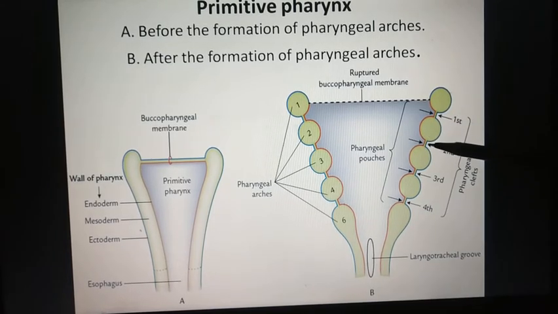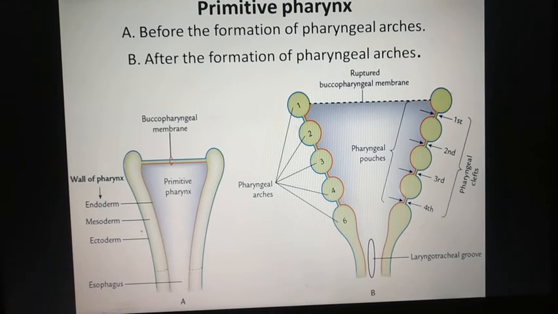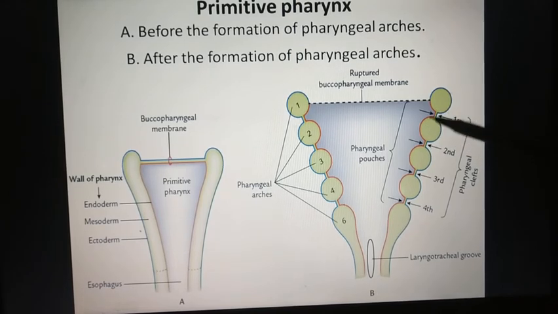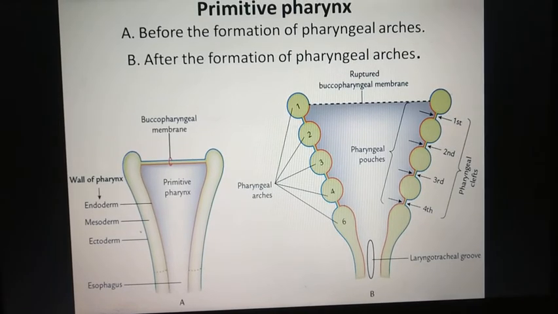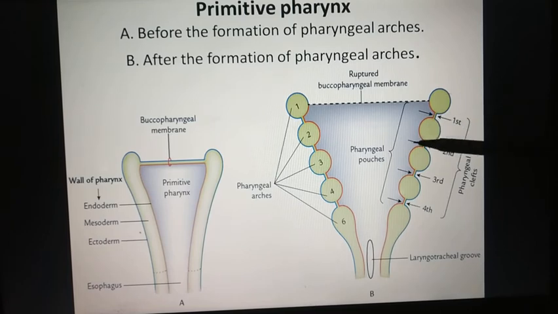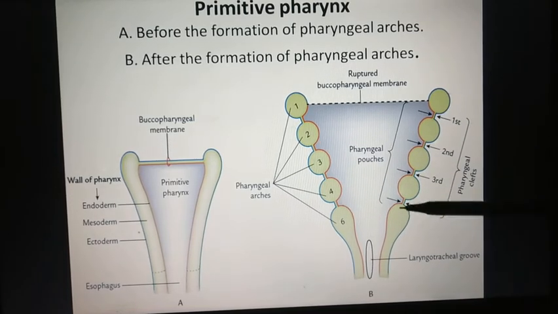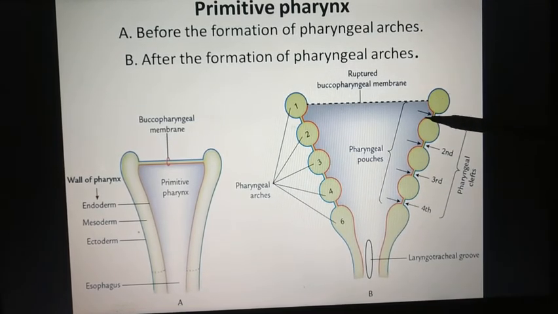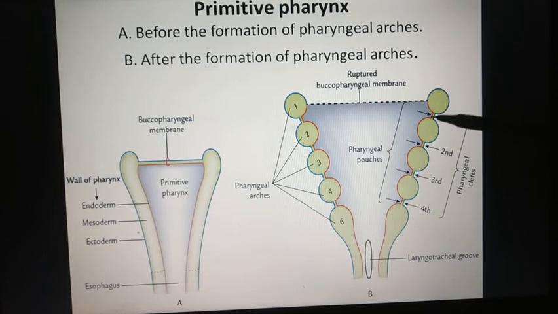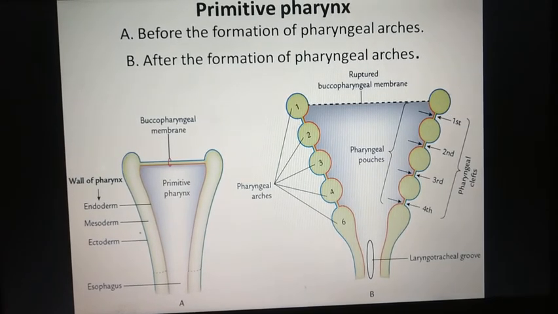This evagination of the endoderm to line the adjacent arch is called pharyngeal pouches. So 1, 2, 3 and 4, these are the pharyngeal pouches, formed by evagination of the endoderm in between 2 pharyngeal arches.